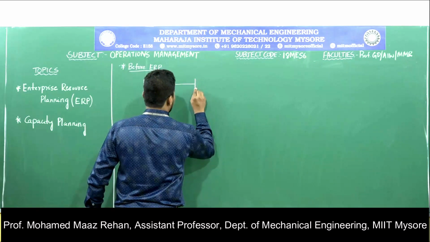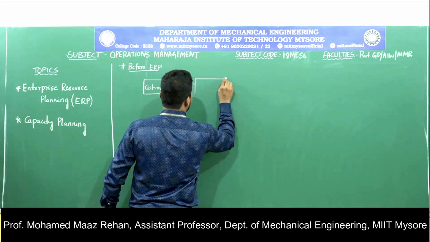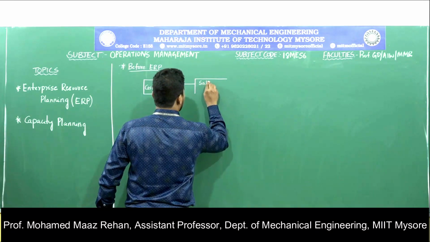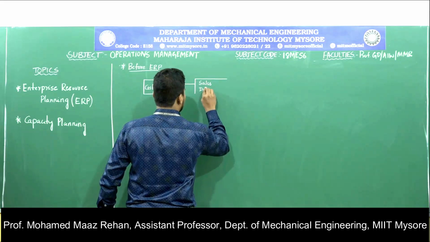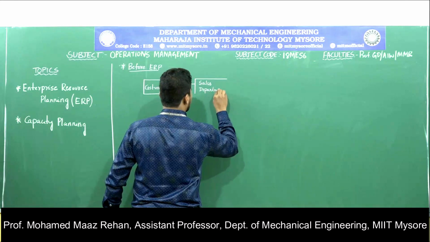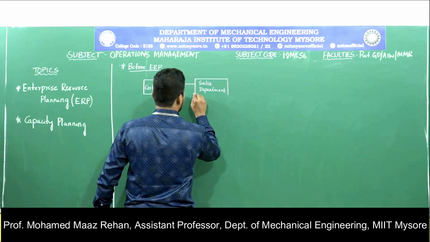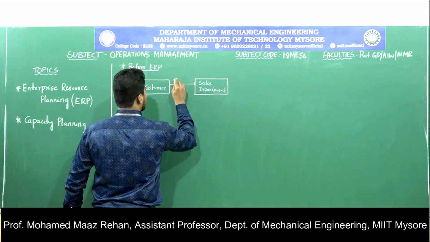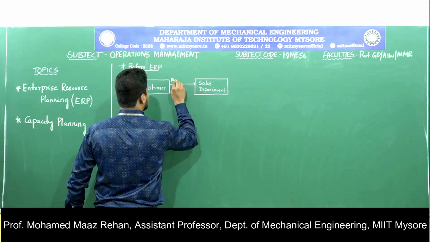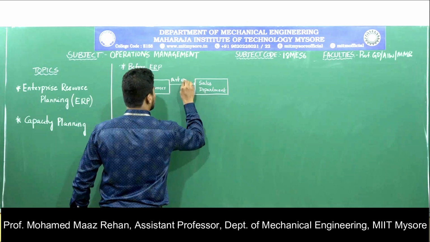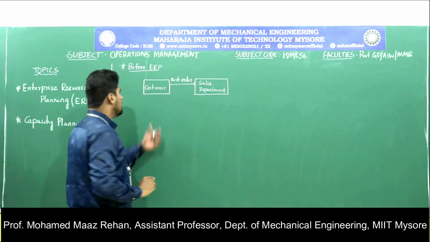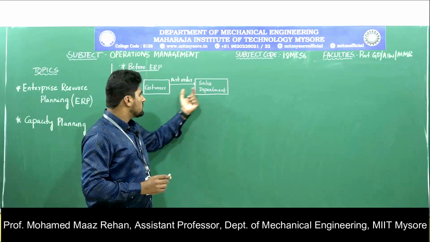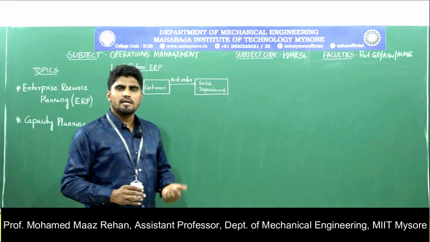In an organization we have various departments, so he will approach the sales department. He needs a particular part order. So a customer approaches an organization, meets the sales department, and tells them that he needs a particular product.